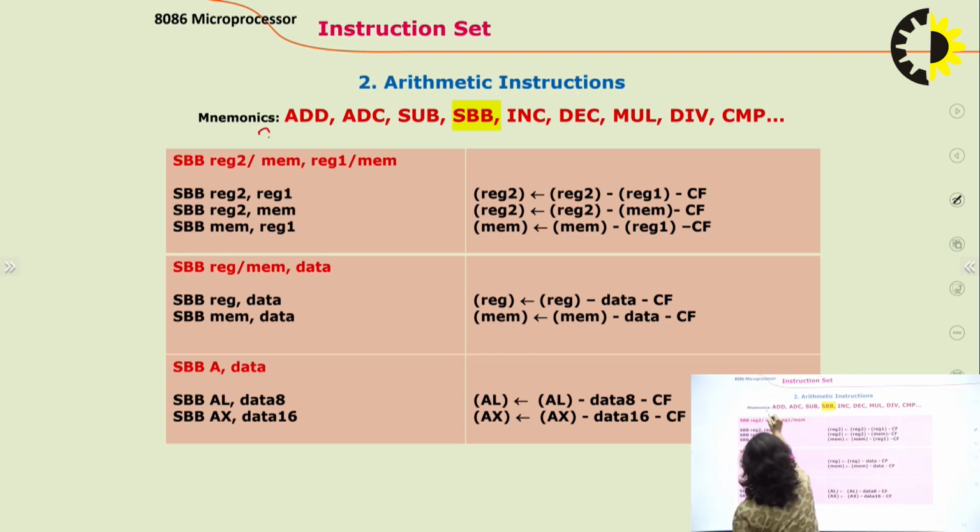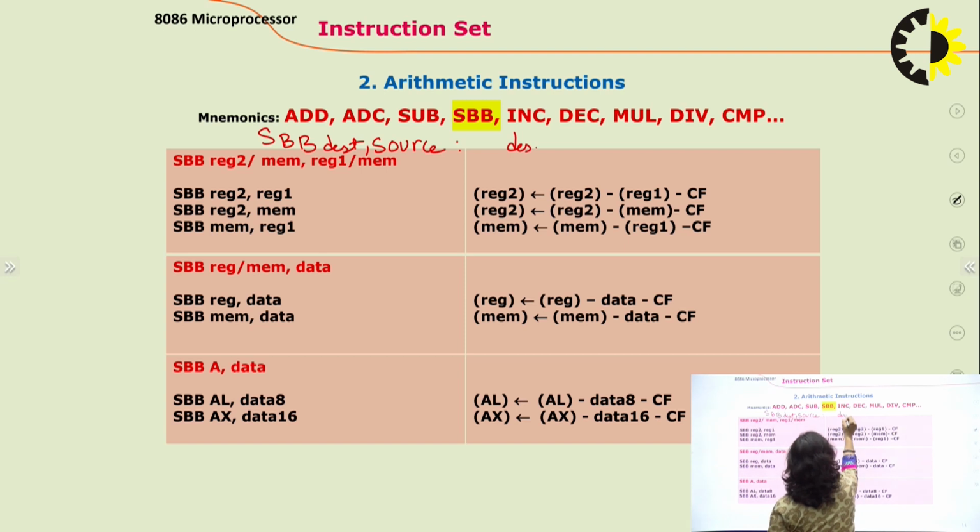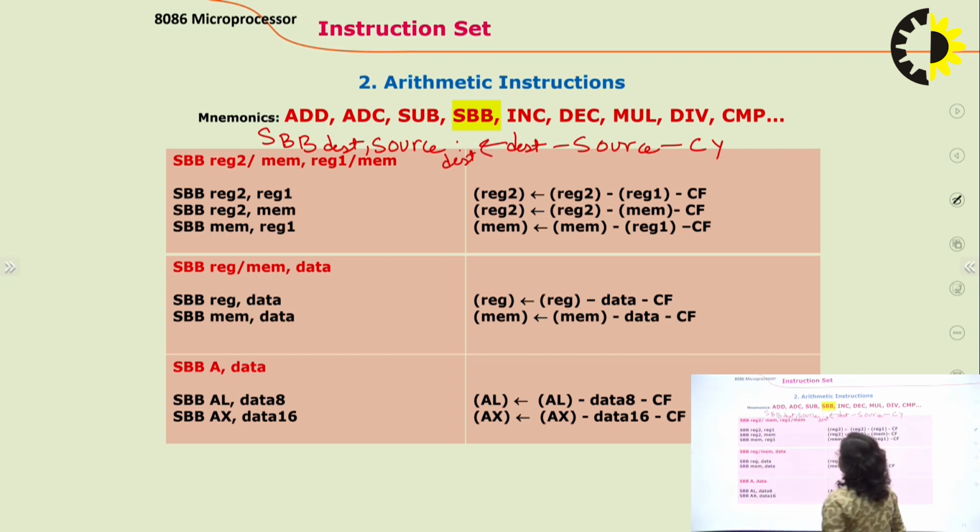If we write SBB destination comma source, it gives destination minus source minus carry flag and copies it to the destination. All other rules are the same: both must be of the same size, both operands can never be memory locations, the destination can never be immediate data, and the source can be a register, memory or immediate data.